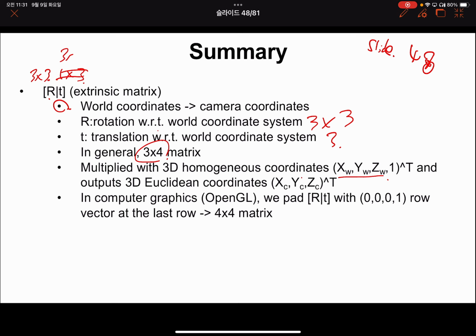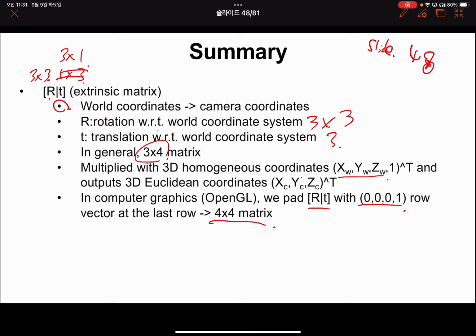But in computer graphics, especially if you're using OpenGL, or actually in anything, we often pad RT with the 0 0 0 1 row vector at the last row to make it a 4x4 matrix. It's mathematically more convenient. This is for convenience, but the representation is just equivalent, the same.